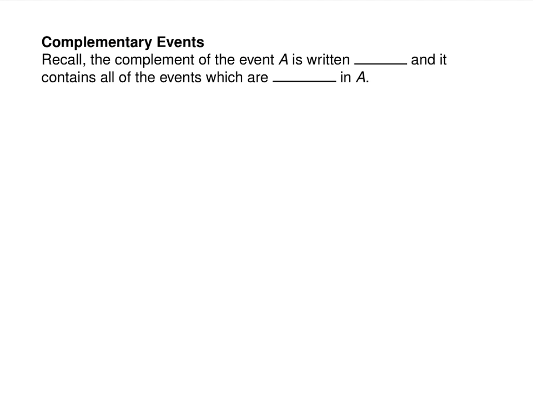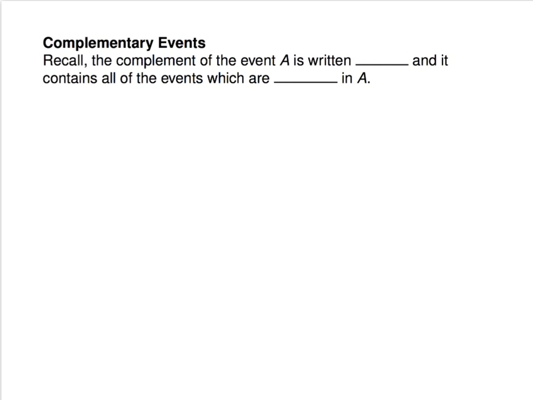Okay. So complementary events. How do you write the complement of an event? A^C, A with a little superscript of C. And what is this set A^C? It's all the events that are not in A. So together, A and A complement make your whole sample space. If I have a picture, this is my event, that's my A bubble.